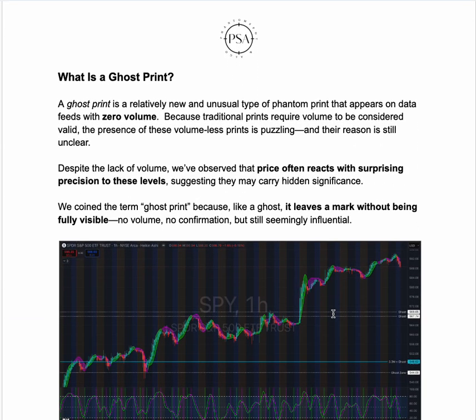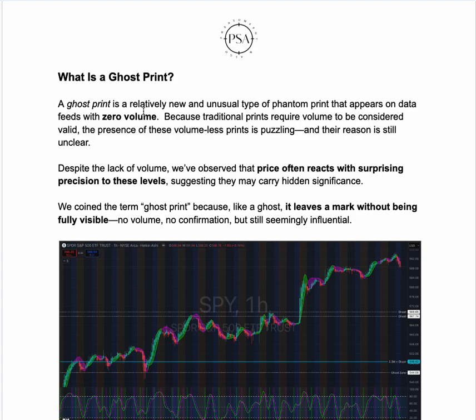And then a ghost print is something brand new that we've been seeing, and we've called it ghost print. I don't think anyone else is calling it that, so don't be searching it because it's just with us. It's relatively new and it's unusual, and it appears on a data feed as a phantom print of 0 volume.